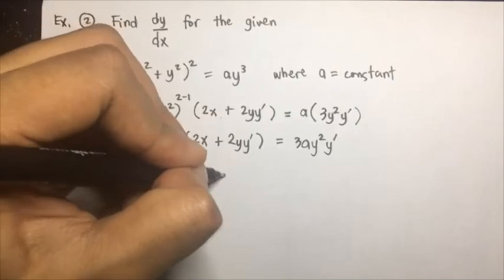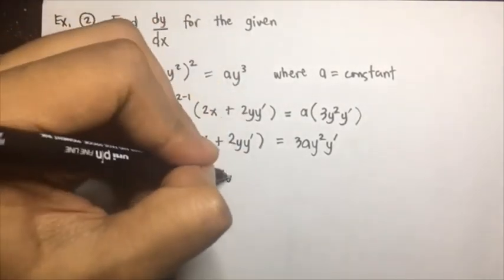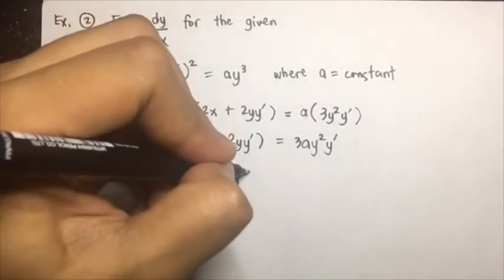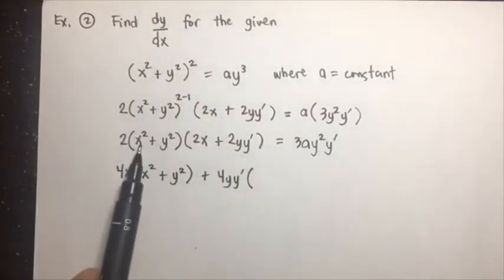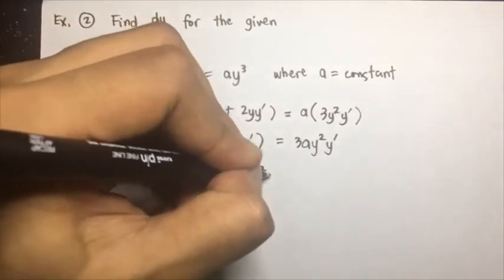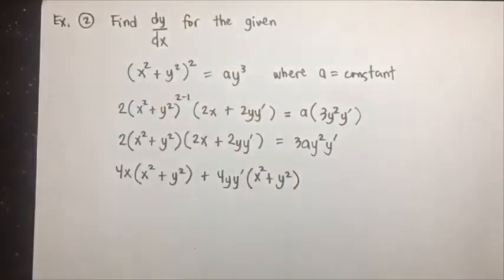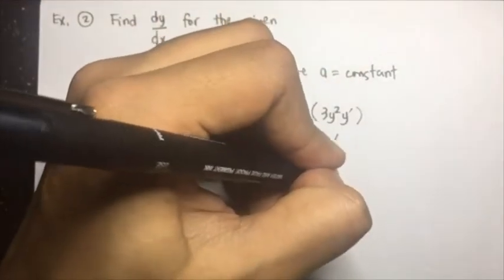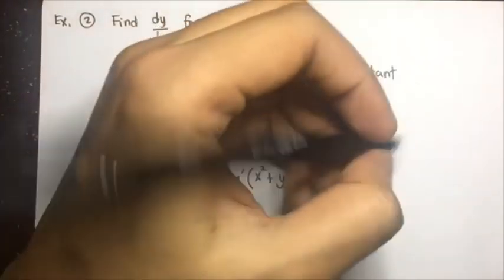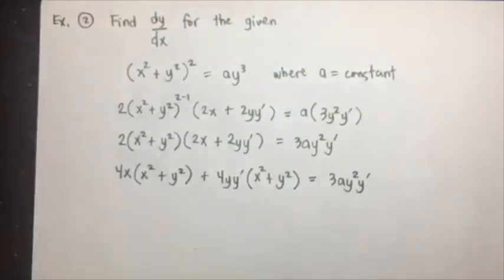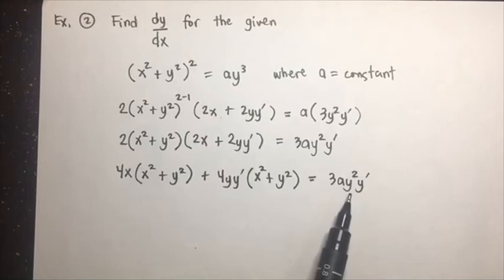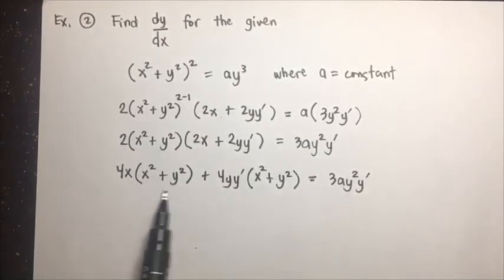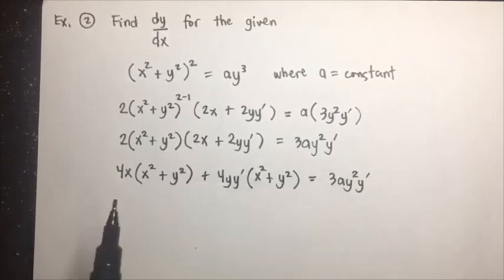4y y prime times x squared plus y squared. Okay, it is equal to 3a y squared y prime. Since we have a y prime here, transpose to the other side. Since this term does not contain y prime, transpose it to the right side.